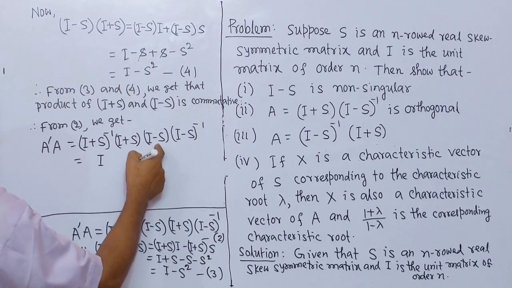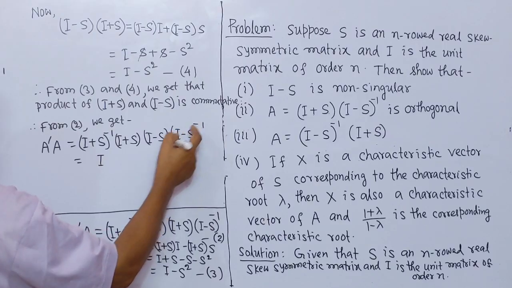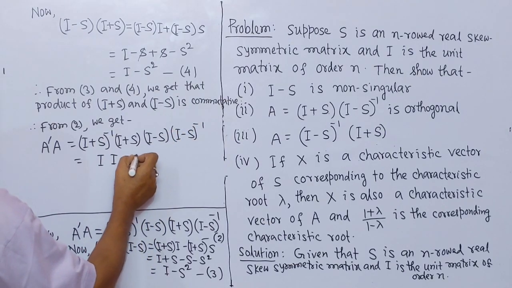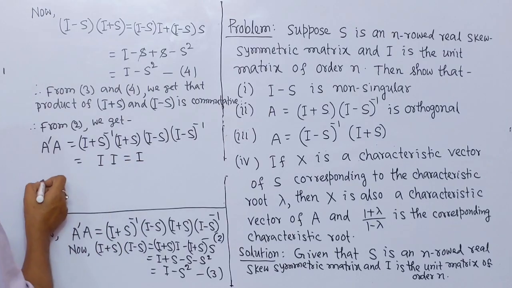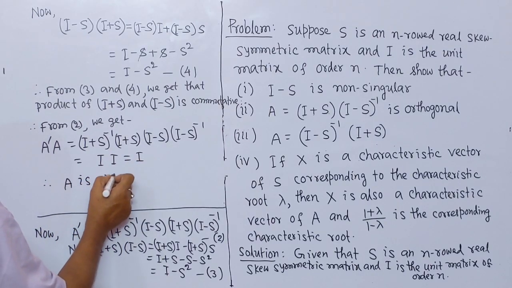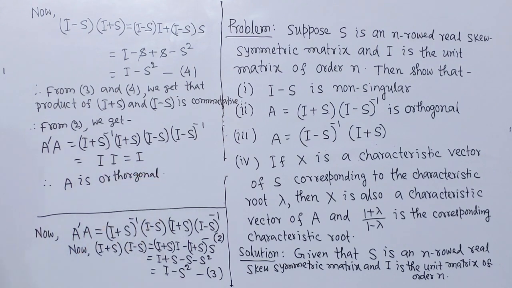Here I minus S multiply I minus S whole inverse is unit matrix. So I multiply I is I. Therefore A is orthogonal. Since for orthogonal matrix A, transpose of A multiply A equal to unit matrix. Proved.